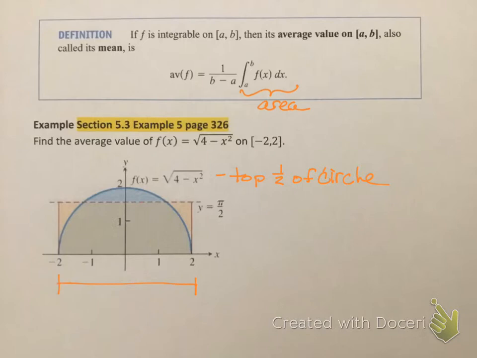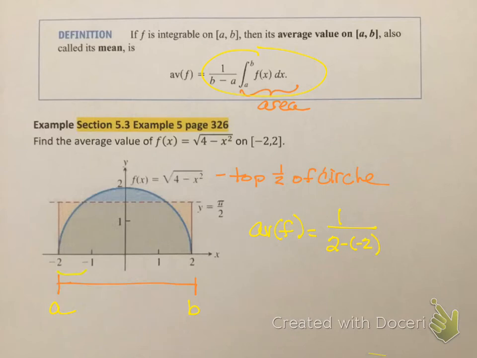So let's look up here at our formula. We are supposed to figure out how far away it is from B to A. So my average value will be equal to 1 over 2 minus -2.